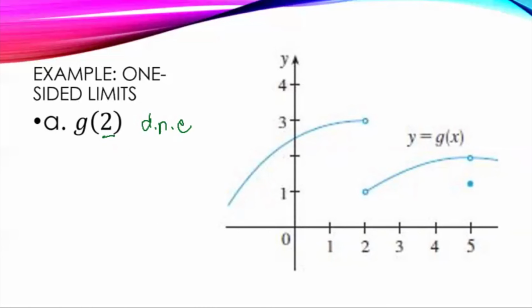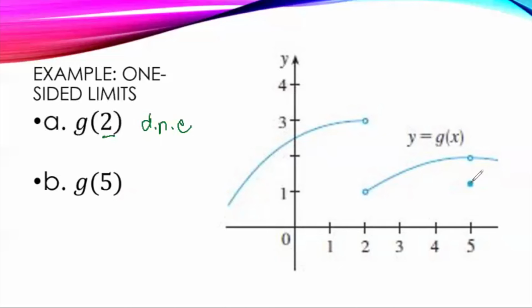Okay? Next, how about g of 5? What do you think is the function value if x is equal to 5? So you locate x equal to 5. So this is our x equal to 5. What do you think is the y value?